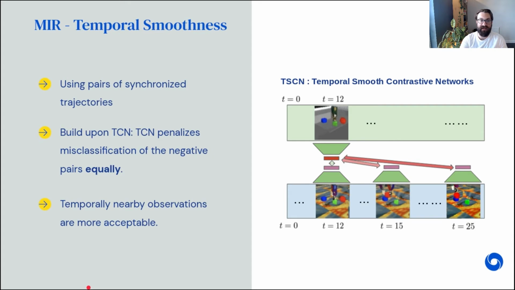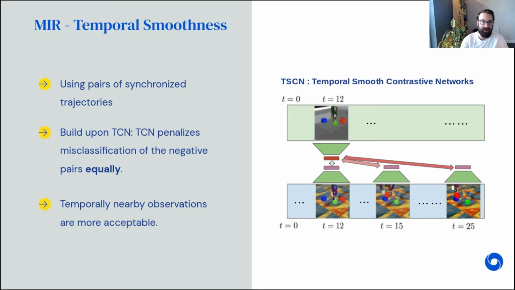However, TCN penalizes misaligned pairs equally. So, for example, these two misaligned pairs are penalized equally, when in practice, this pair, with temporally closer observations, should be more acceptable than this pair. And this is the change that we have made to TCN to obtain a more temporally smooth representation.